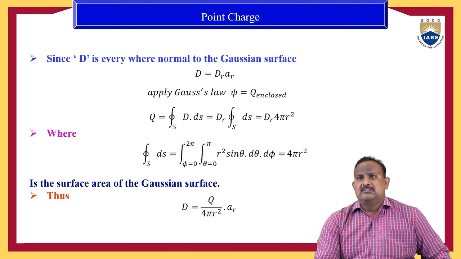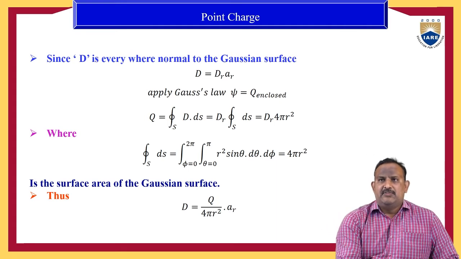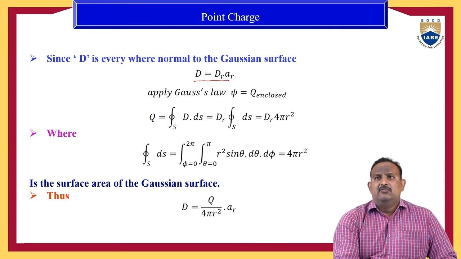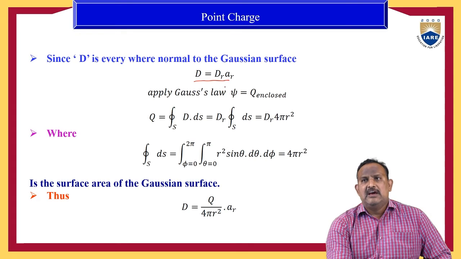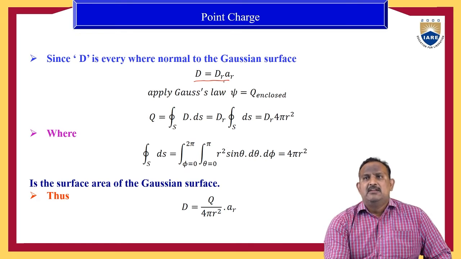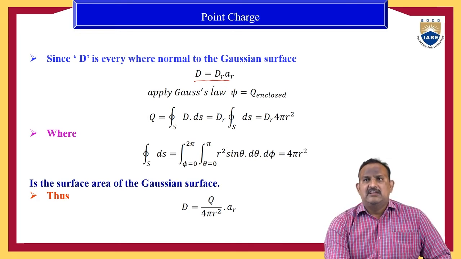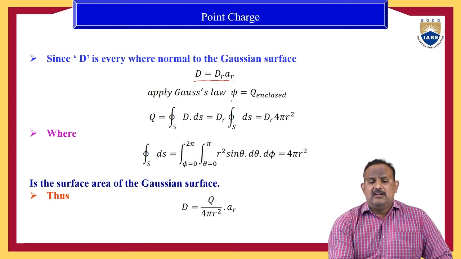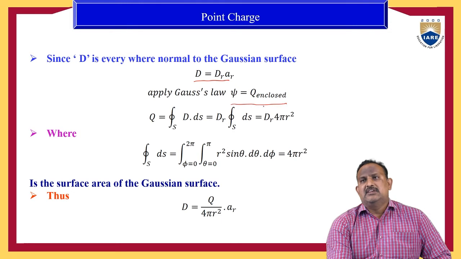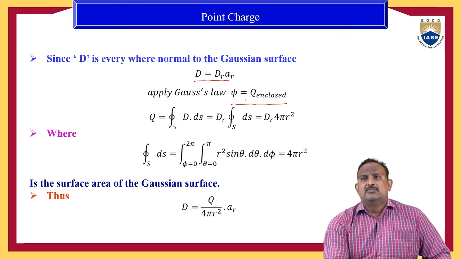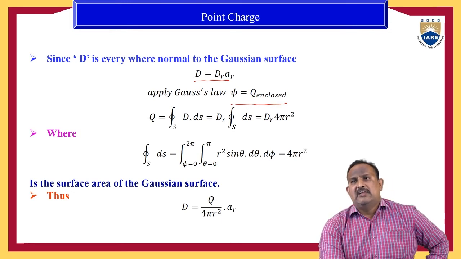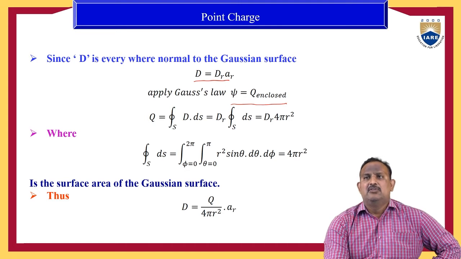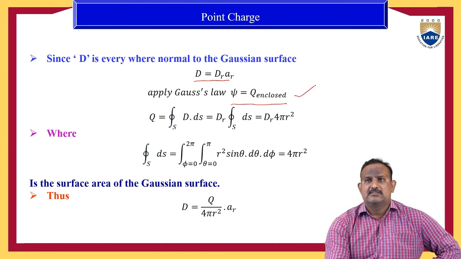Since D is normal to the surface on the circle, we can write D is equal to Dr into AR, where Dr is the electric flux density in the R direction, and AR is a unit vector along the R direction. Apply the Gauss law to the Gaussian surface. The Gauss law says the total flux in any closed surface psi is equal to the charge enclosed in that surface.